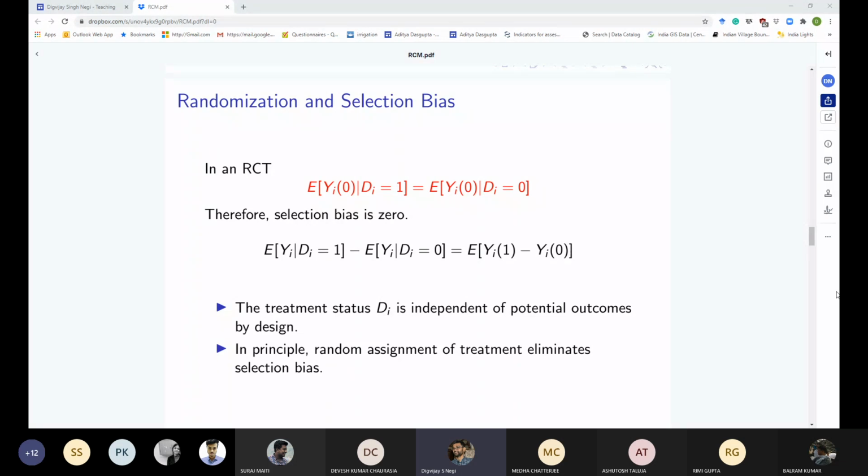Because students self-selected into getting into IGIDR, and since they self-select, it's very well possible that these students who are in IGIDR may be very different from students who didn't end up in IGIDR.